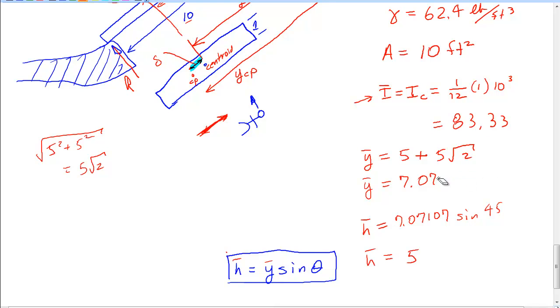And I needed to add 5 to that, which ended up being 12.07107. Good enough. Which means that this ends up being 12.07107 times sine of 45. Means I end up with about 8.5355. Good enough.